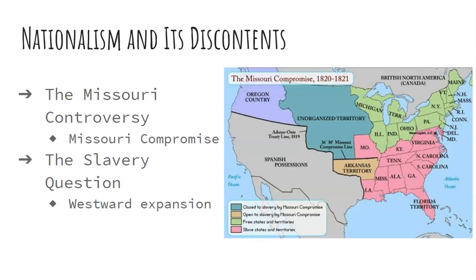A Republican congressman wanted to allow them to be admitted, but with no more slaves brought in, and children who were already slaves there would be freed at the age of 25. This sparked a lot of controversy, and Republican unity shattered along sectional lines.